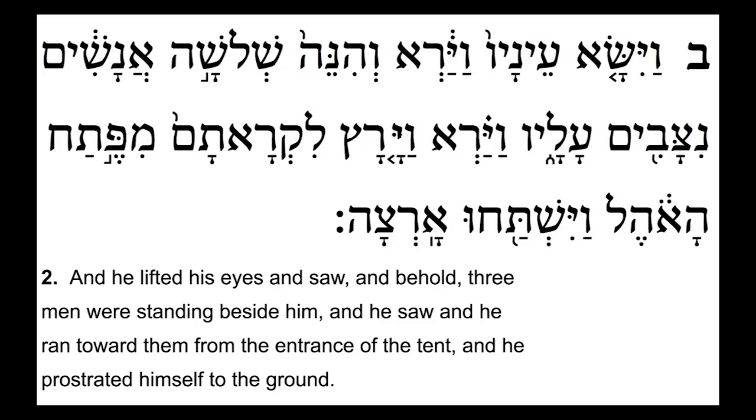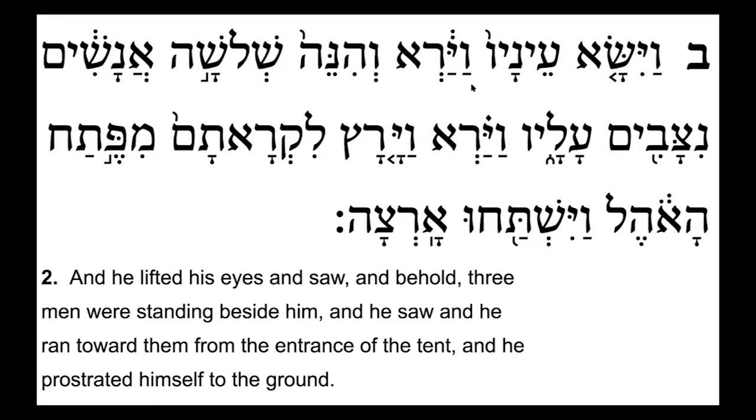Another thing about all these verbs is that there's a vav right here, and this is a reversing vav. Usually when you have the yud in the beginning, it's not only third person masculine singular, but also imperfect or future tense. Without the vav, vayar would mean and he will see.